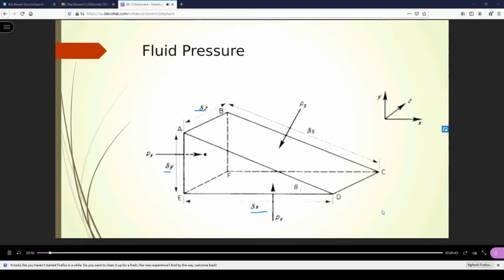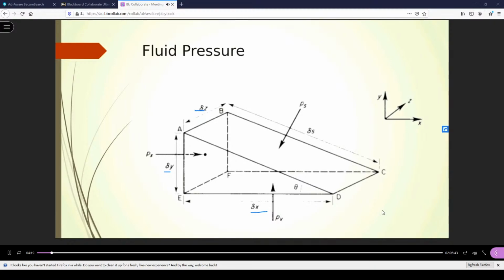Delta y means a very small length in the y direction. In the x direction, we have delta x, very small. In the z direction, we have delta z, also very small. This is a very small volume of water, liquid, or a fluid.